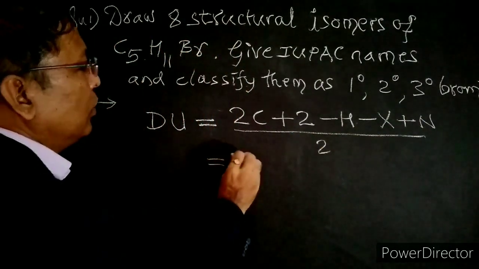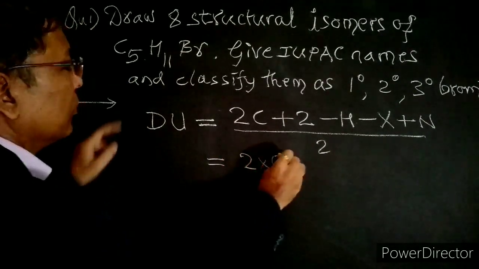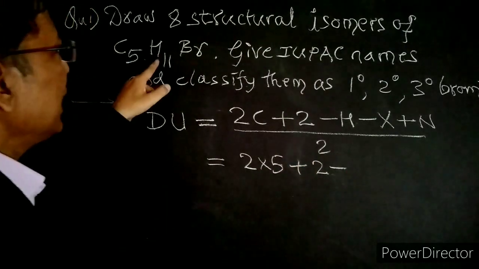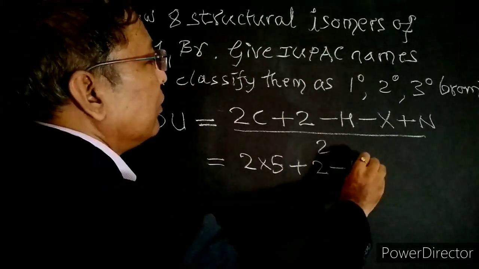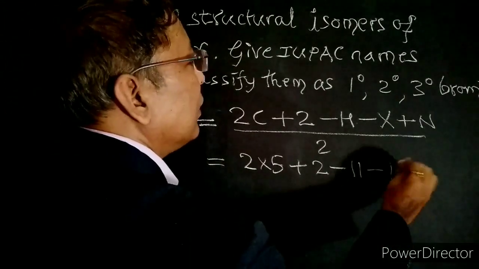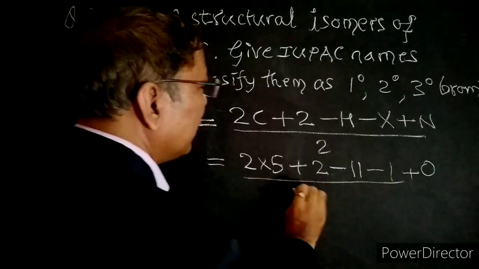Now, 2 times number of carbon atoms, 5, plus 2, minus number of hydrogen atoms, 11, minus number of halogen atoms, 1, plus number of nitrogen atoms, 0, divided by 2.